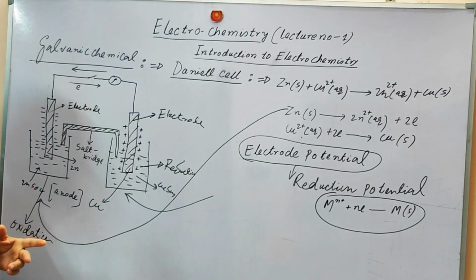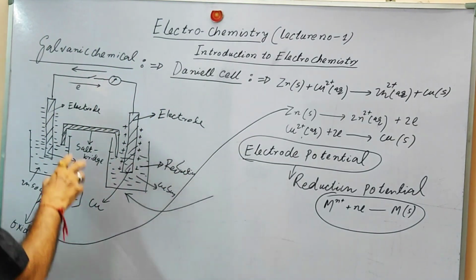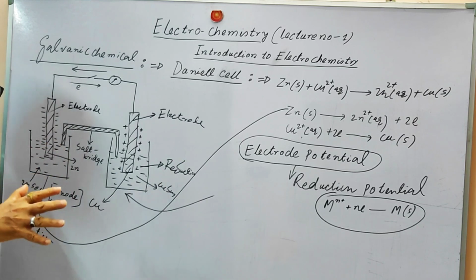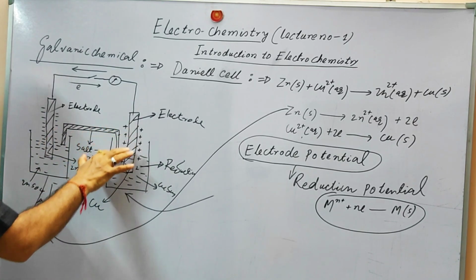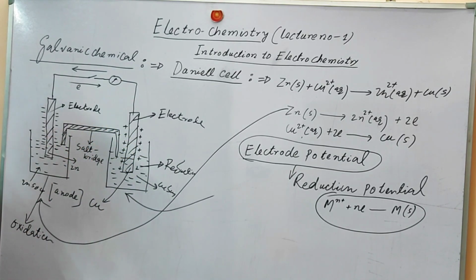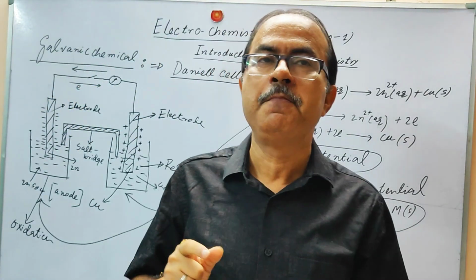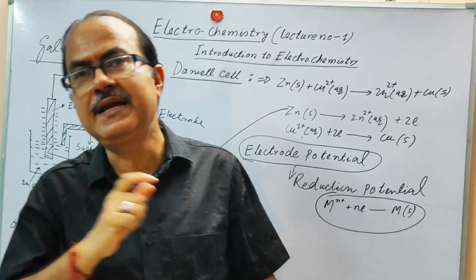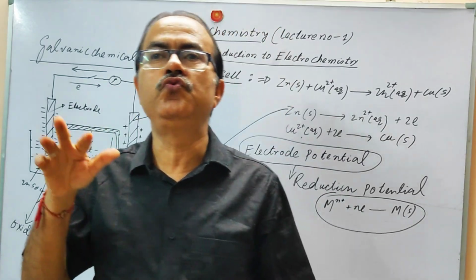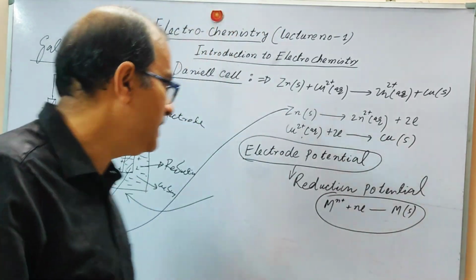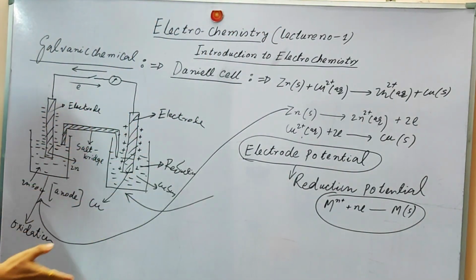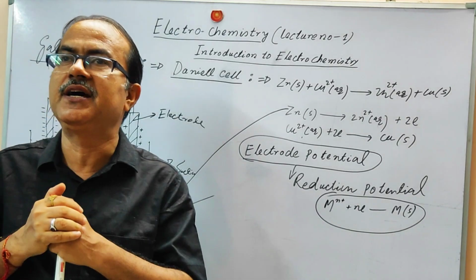But here is another very important thing, without which this cell is ineffective. This is called the salt bridge. What is a salt bridge? A salt bridge basically makes an electrical connection between these two solutions, without the solutions mixing with each other.